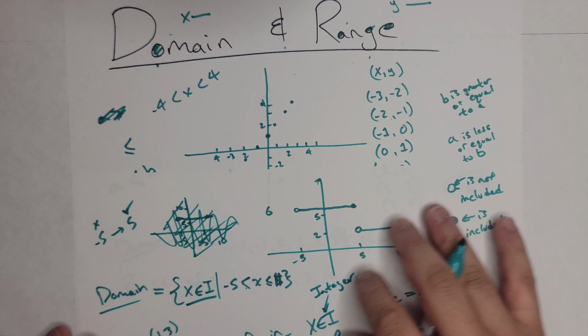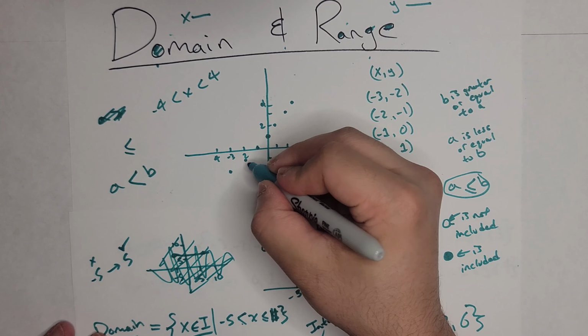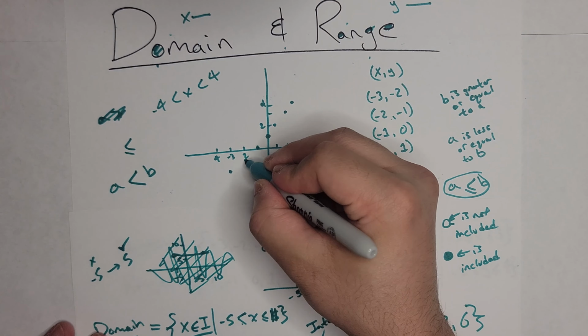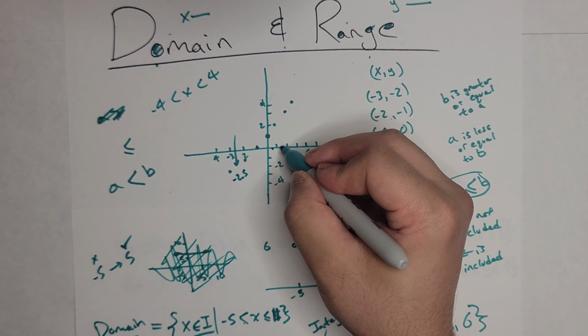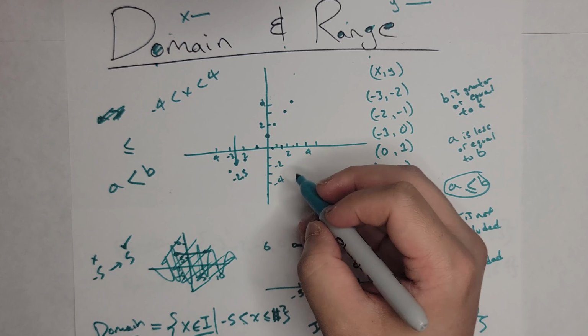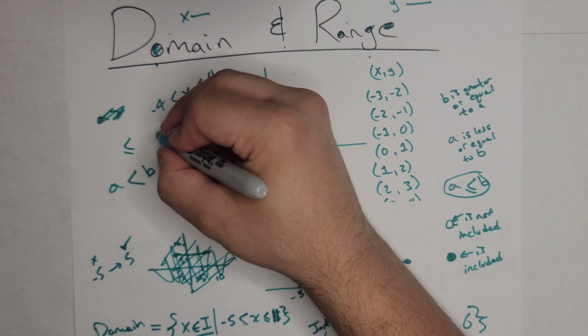So I use that for this one here. These are integers because I have plot points. I don't have anything in between. So I don't have a negative 2.5 for x or a 0.5 or 1.5. I do have integers. Integers are strictly 1, 2, 3, negative 1, negative 2, whole numbers.